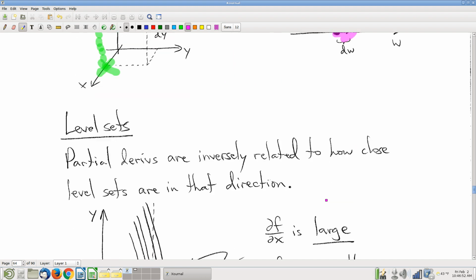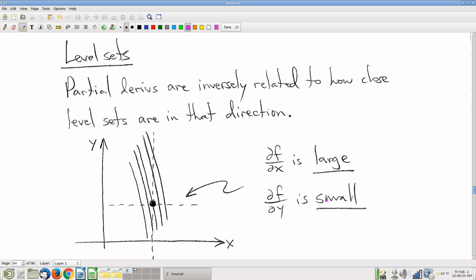Okay. What about in a level set context? So, level sets, you'll recall, are curved, and I'm drawing a particular case of level sets.